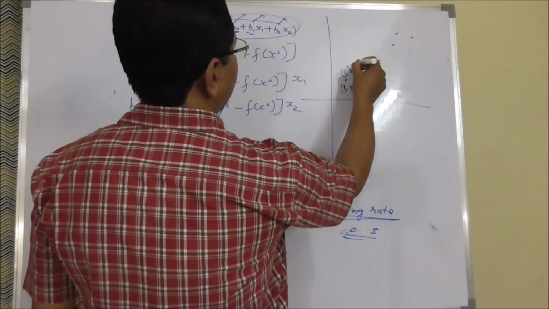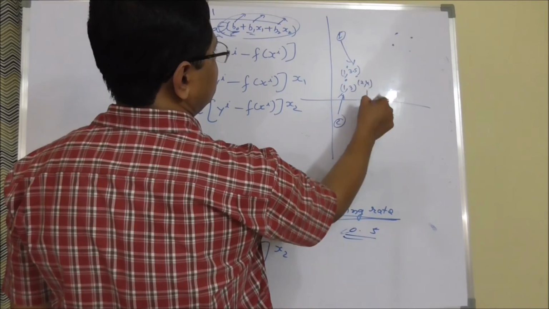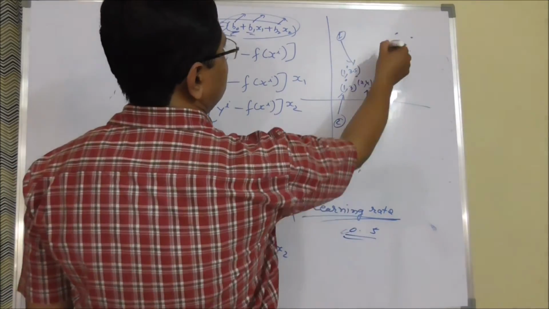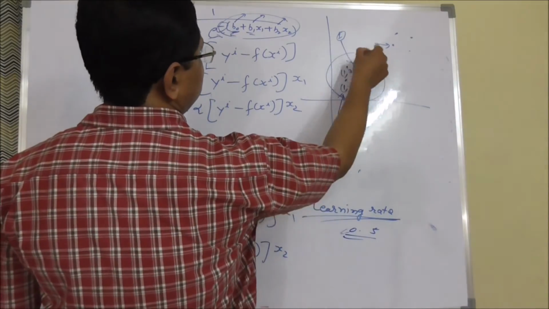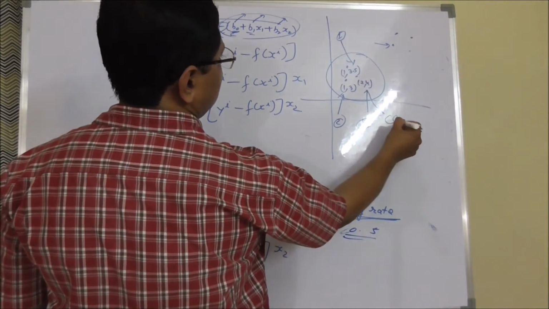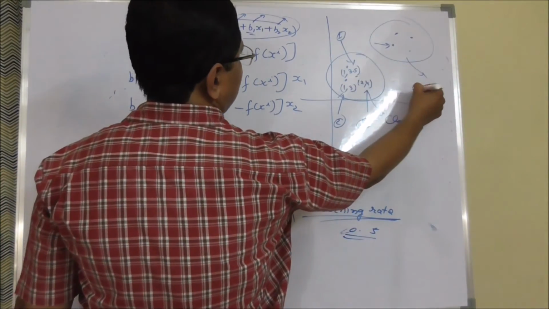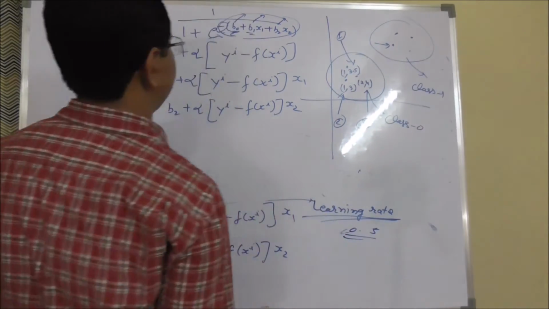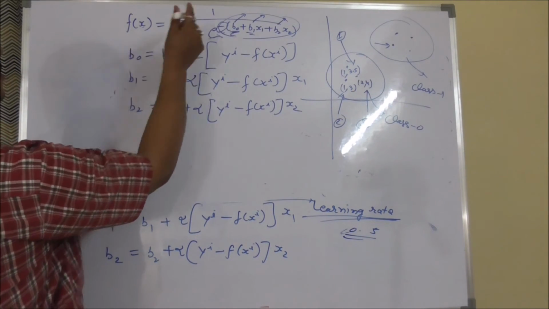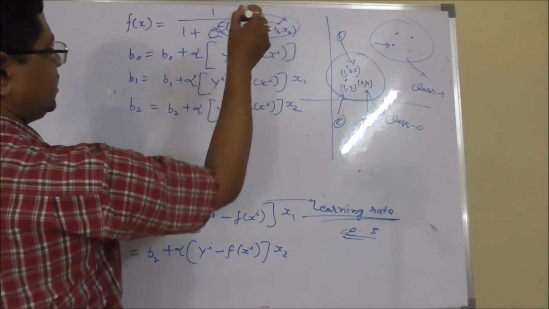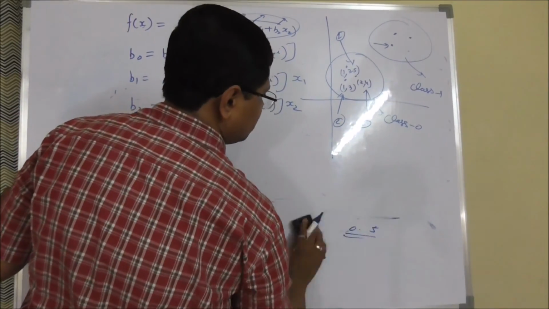So this is our first point, this is our second point, third record, fourth record, fifth record, sixth, and so on. Suppose all these records represent a common class, class 0, and this outcome represents another class, class 1. Now the question is how to use this data and this equation to learn the values of b0, b1 and b2. For this we will use a very simple calculation.